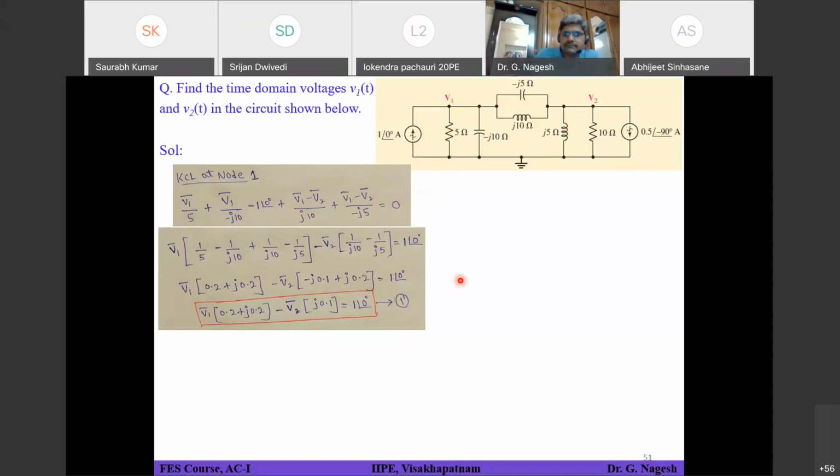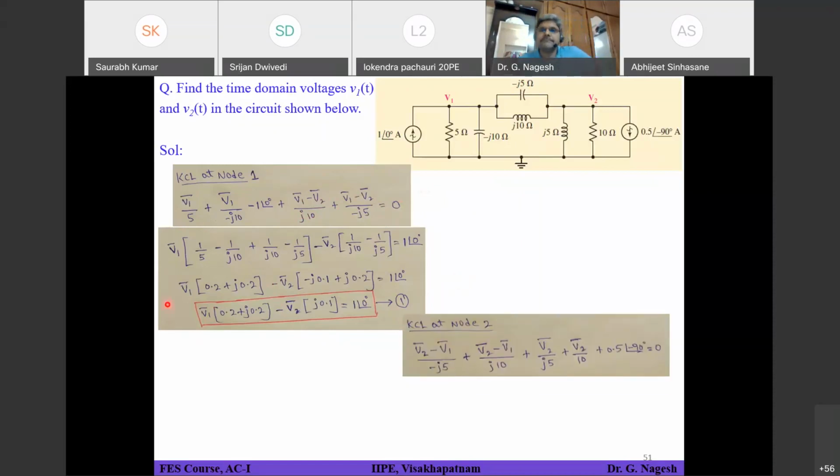Similar to the first equation, I have written the equation for the second also. So if you see here, we are trying to write an expression with all the currents coming out of node 2. V2 minus V1 divided by minus j5, that is one term. V2 minus V1 divided by plus j10, that is another term. V2 divided by j5, that is the third term.